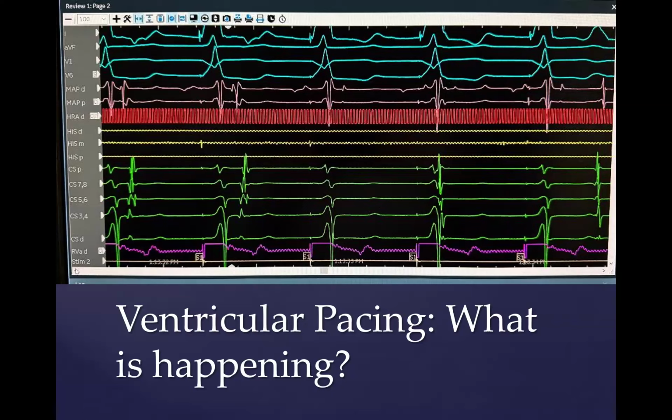So what I did was I asked our CARTO rep, whose name is Kelvin, to show me where it was when the catheter was here, when the pathway was still conducting, and where it was here when the pathway was gone. And the catheter really was essentially in the same exact location.